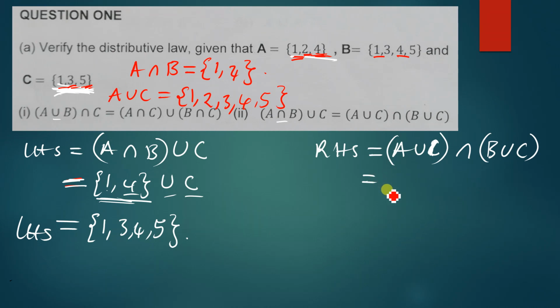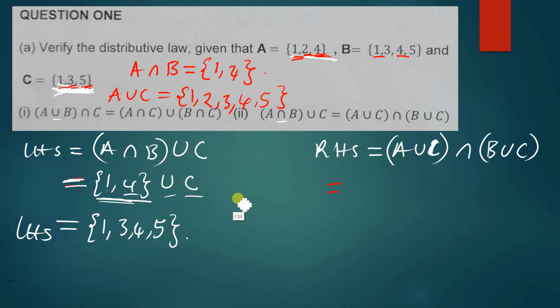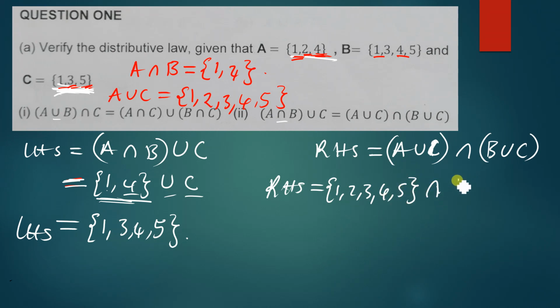So having done that, let me write it here to make things easy. The right hand side is therefore equal to, so A union C there is {1, 2, 3, 4, 5}. And then we find the intersection between the two.